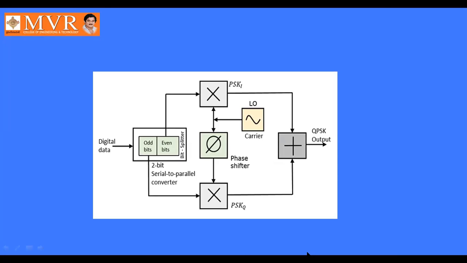A local oscillator carrier is generated and applied to one PSK modulator. It is a sine signal, and it is shifted by 90 degrees and applied to another PSK modulator. It is a cos signal. So the sine signal is multiplied by the even bits, and the cos signal is multiplied by the odd bits. We can get the QPSK modulation here.